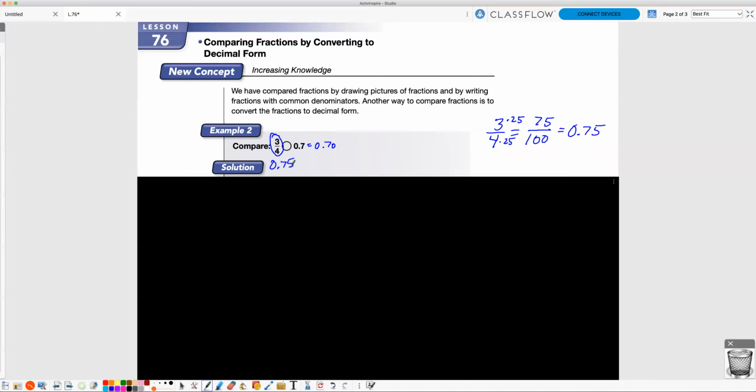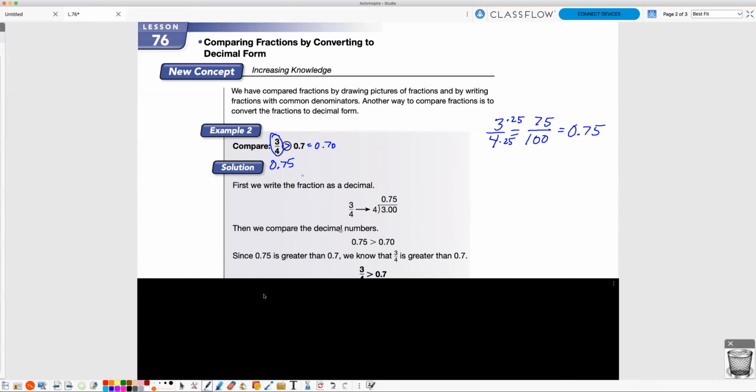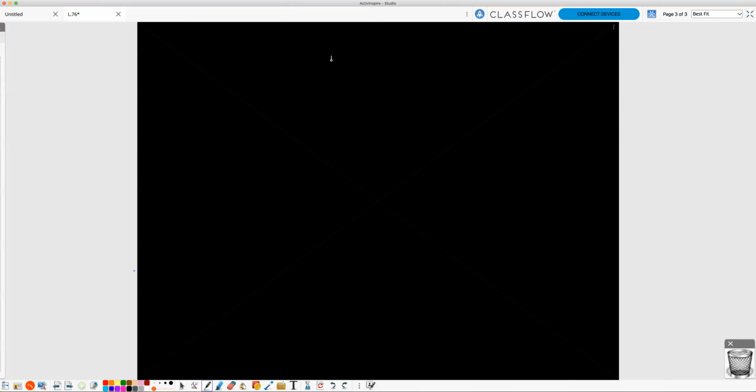This is 7 with a 5 behind it. 75 hundredths is greater than 70 hundredths. So that means 3/4 is greater than 7/10. So once you've converted the fraction into the decimal, you can compare those much easier.